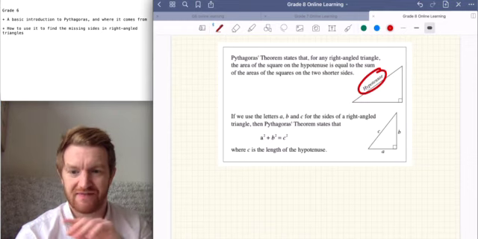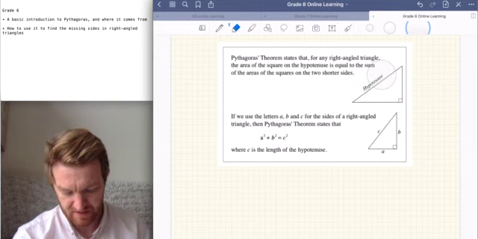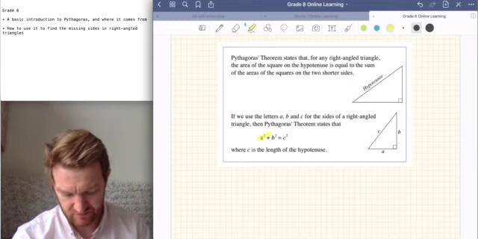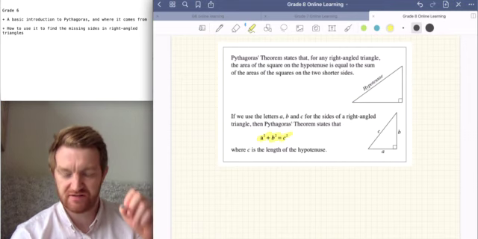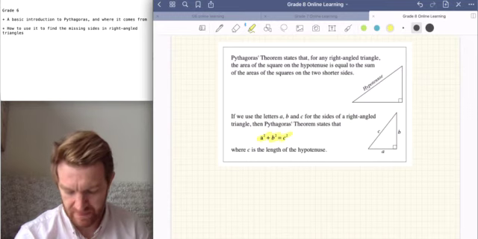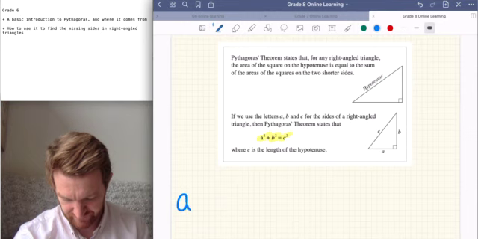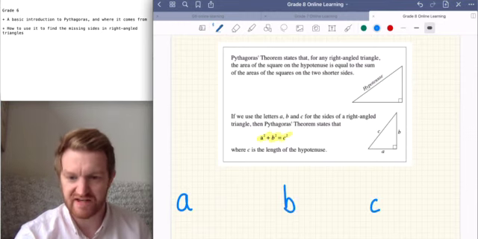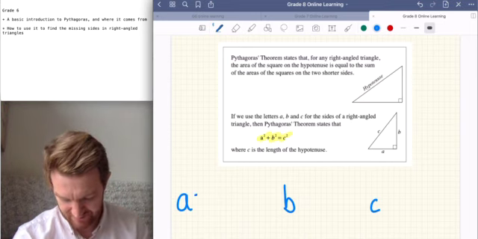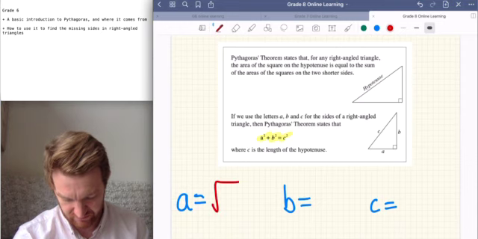And it says, first of all, that the two smaller squares, if you draw them on the edges, as in the little diagram that we did here, make the biggest one. We then said by rearranging, using our algebra skills, we can work out the formula for each of the sides, just a, b, and c, not the squares. And we said we can do this by using some of our square roots.